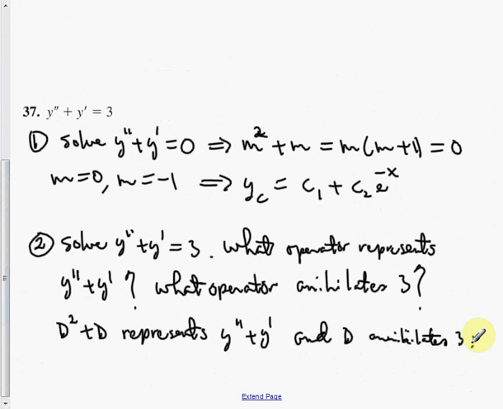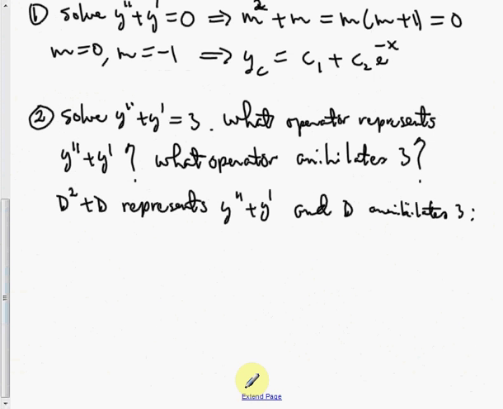So if that's the case, the way we work this is we say since the D annihilates the 3, it's that D there times D squared plus D here gives us 0. Now look at this.